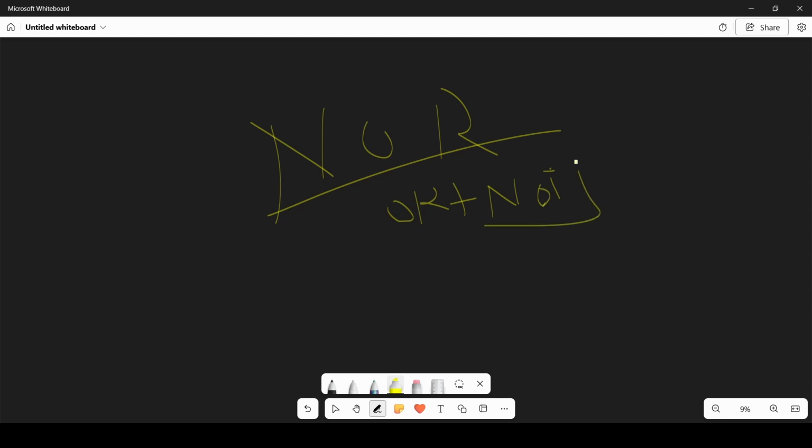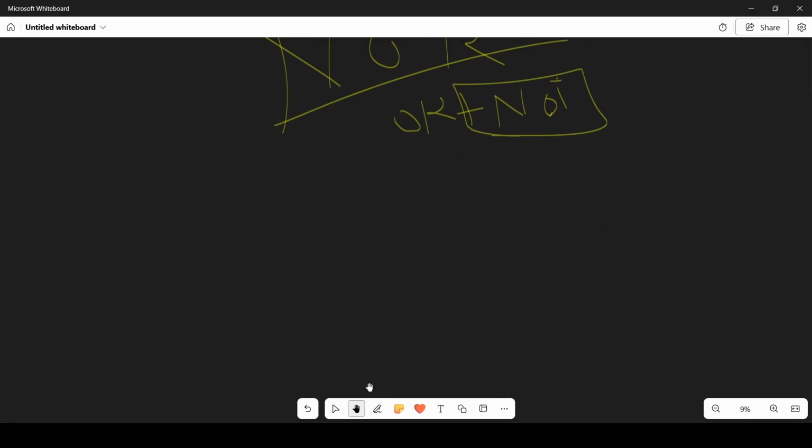Let us understand with the NOR gate. The NOR gate is basically a combination of OR gate plus NOT gate. As we have said, the NOT gate makes the opposite of what it gets. Do you remember the truth table of the OR gate?